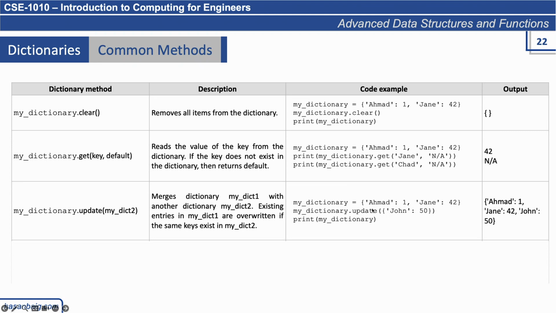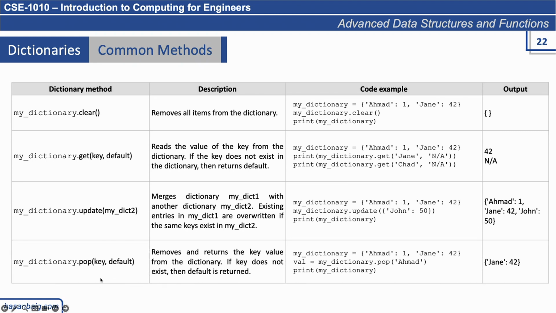What you need to specify is another dictionary. It could contain hundreds of elements, it could be a single element, but it should be in the form of a dictionary. So it will retrieve these elements and merge them into the original dictionary. So here Ahmed 1, Jane 42, and then the new element John 50 was added.